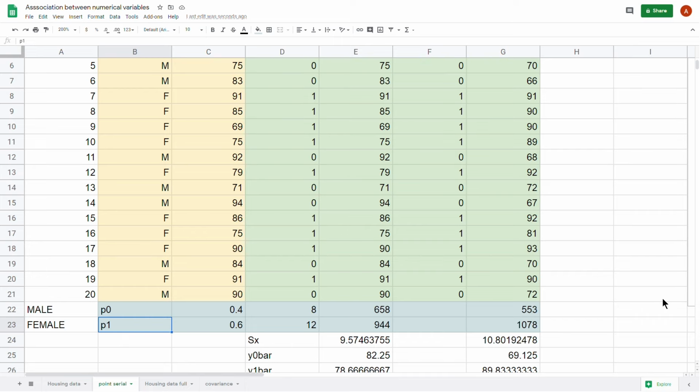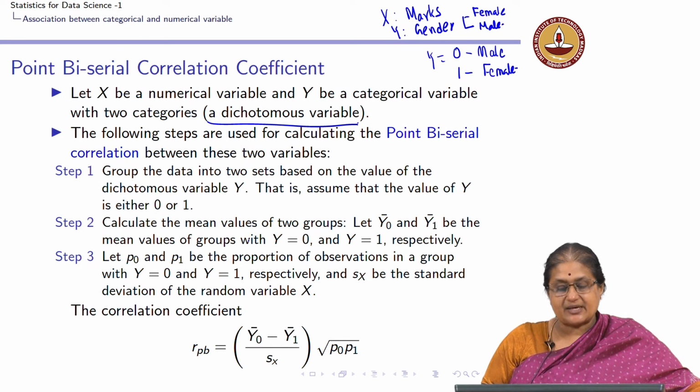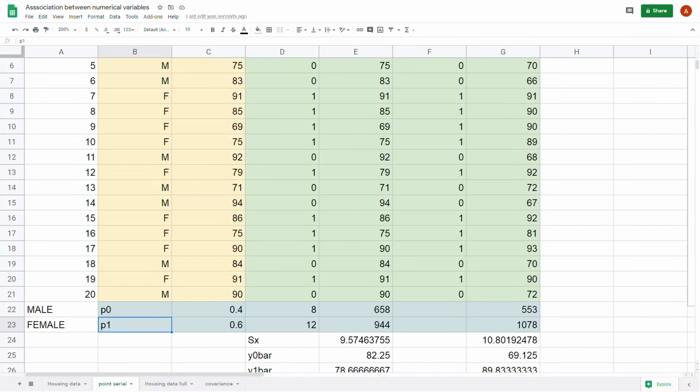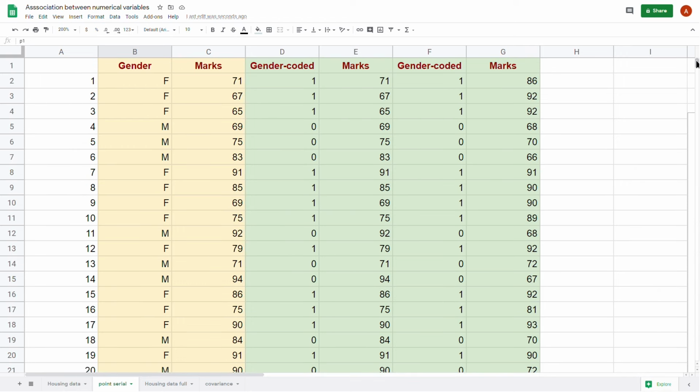Now, what is the next step? The second step says calculate the mean values of these two groups. How many females do I have? I have 12 females. What is the mean value? It is going to be 71 plus 67 plus 65 plus, and so forth.